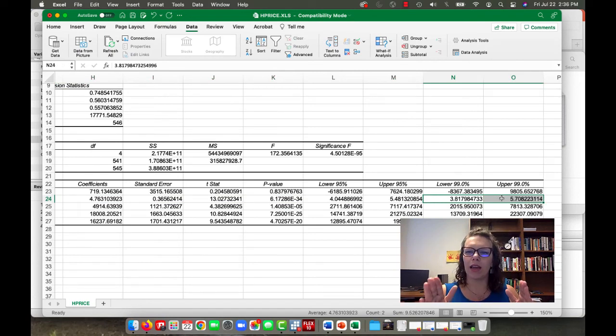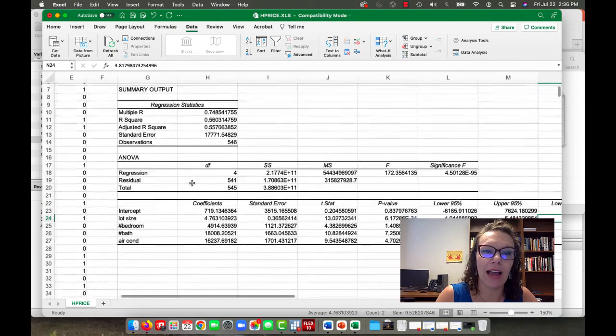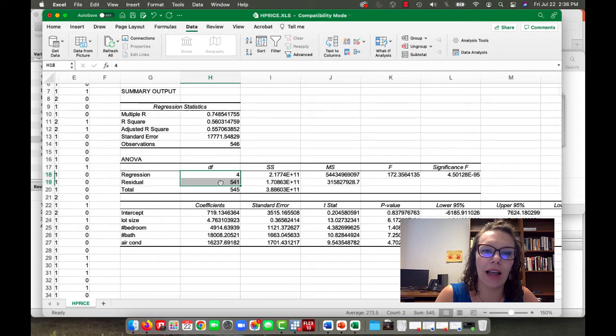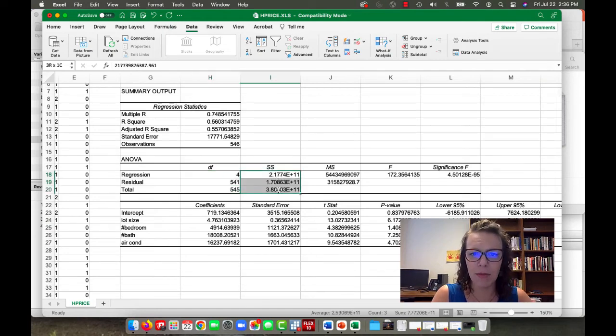So that's saying, okay, I'm 95% certain it's between 4.04 and 5.5, but I'm 99% confident that it's between 3.8 and 5.7. So the more confident I am, the bigger the range is going to have to be. Up here I have my degrees of freedom, I have my total number of observations, I have my sum of squares, residual sum of squares and regression sum of squares that can help me calculate my R squared.